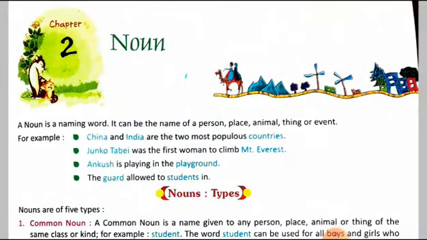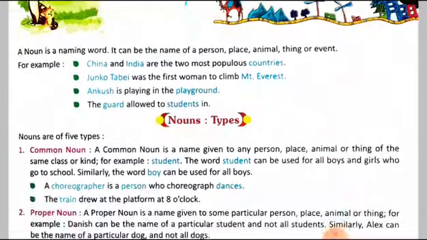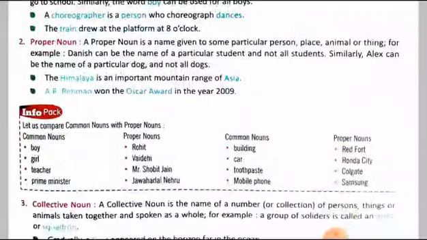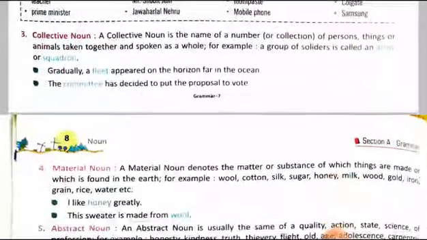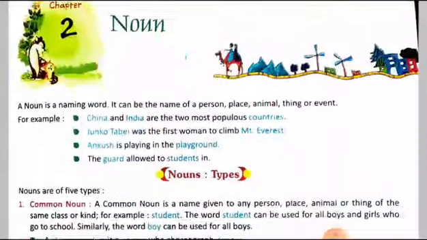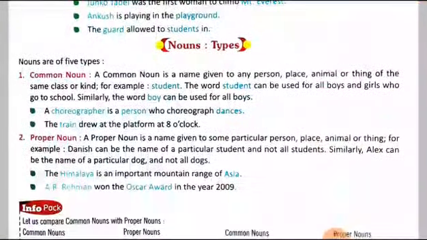All of them are nouns, but they are different. There are actually five types of nouns: common noun, proper noun, collective noun, material noun, and abstract noun. So what are common nouns?